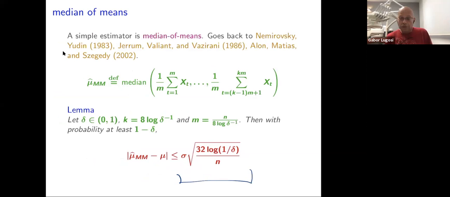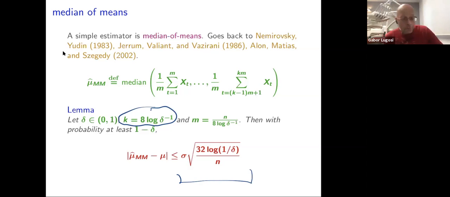Now, a disadvantage of this method is that, as you see, the number of blocks has to depend on delta, right? So you have to tell me what's the probability of error that you're willing to live with, and then I'm going to give you an estimator. If you want a smaller probability of error, then I have to give you a different estimator.